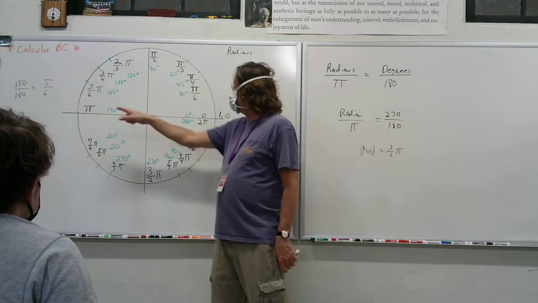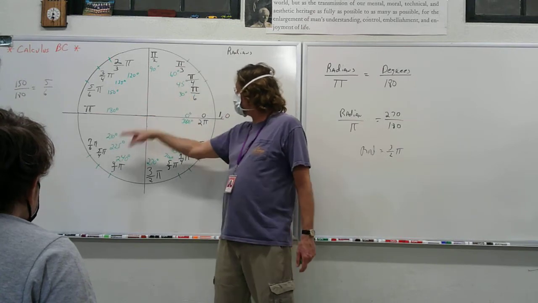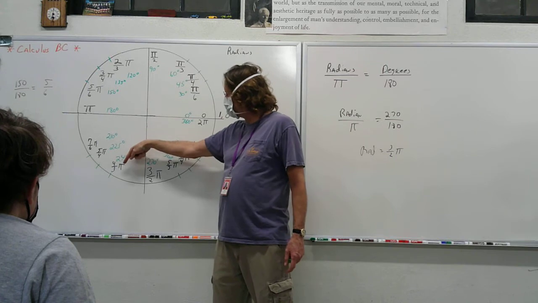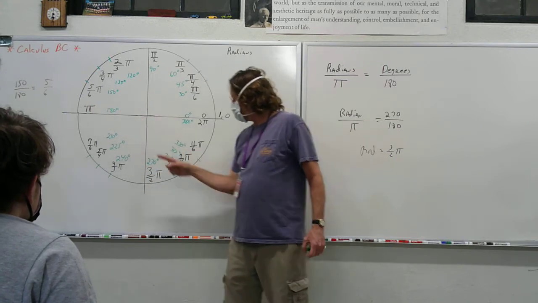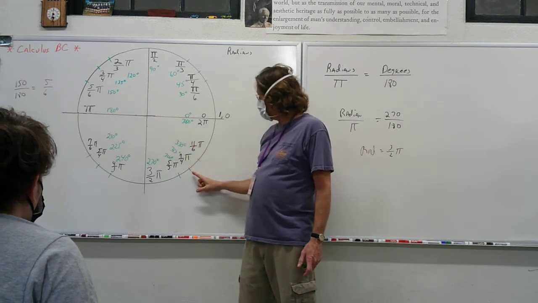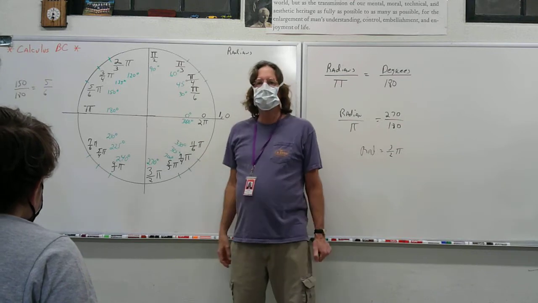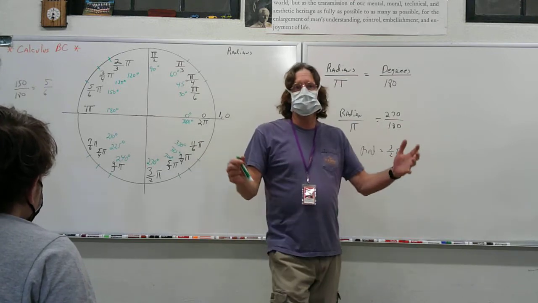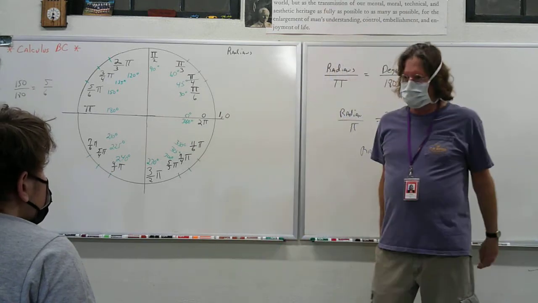And then really all you got to do is start adding pi plus this one, pi plus 1/4, pi plus 1/3, pi plus 1/2, pi plus 2/3, pi plus 3/4, and pi plus 5/6. And for those of you that learned to add fractions back in the day, this isn't bad.